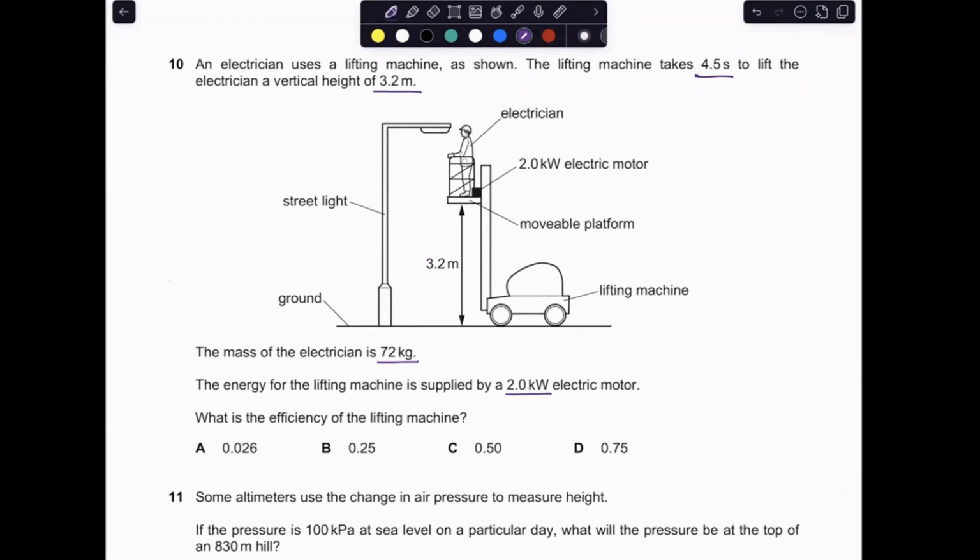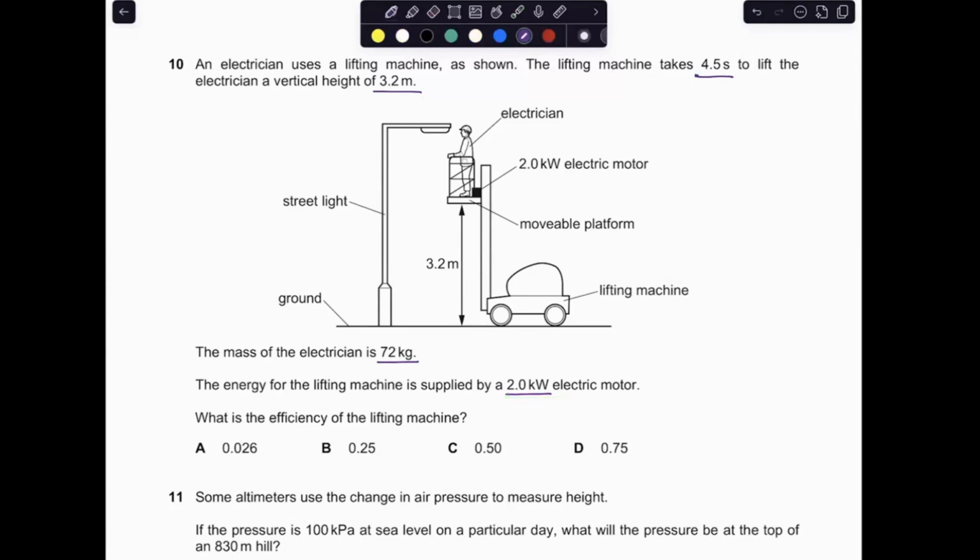They're saying, what is the efficiency of the lifting machine? Now we know that the efficiency is the output over the input. So those are the two things that we need to note in this case. What is the input? It's coming from the electric motor.